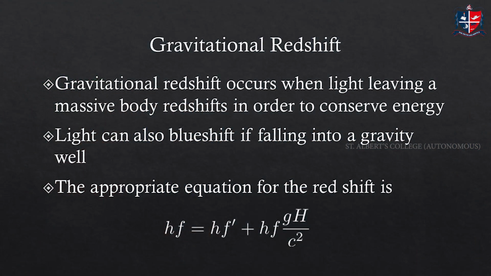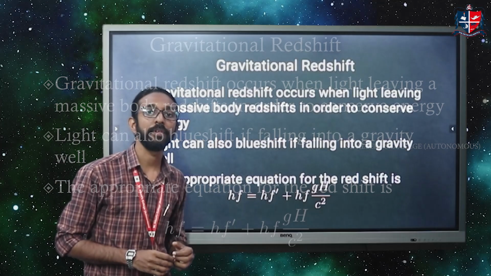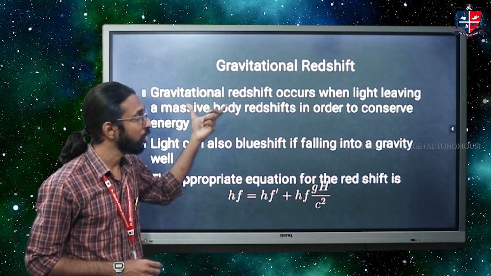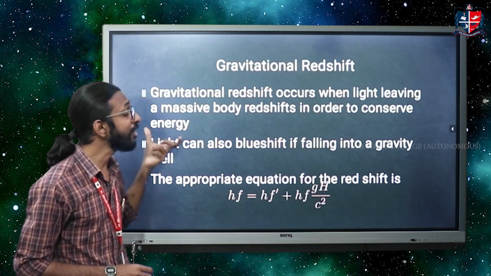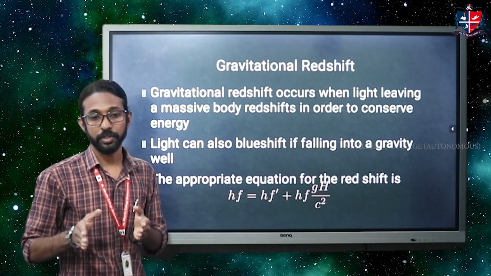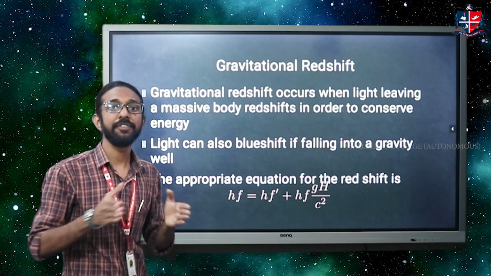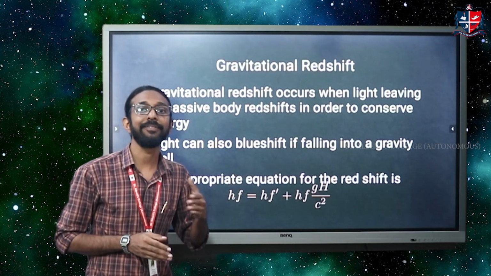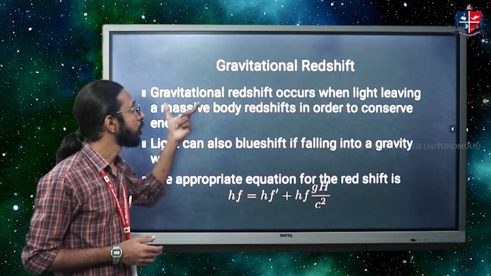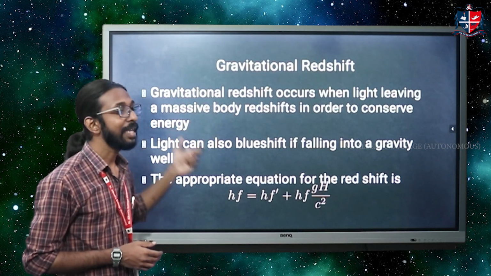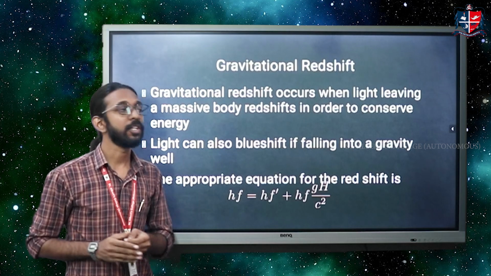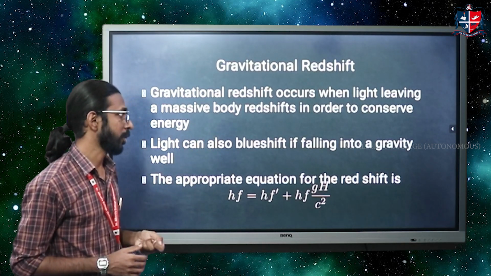Another prediction of general theory of relativity is called gravitational redshift. Gravitational redshift occurs when light leaving massive bodies shows a redshift. In physics, redshift is the shift in wavelength towards the red region of the spectrum, and gravitational redshift is when light leaving a massive body shifts towards the red side of the spectrum in order to conserve energy.